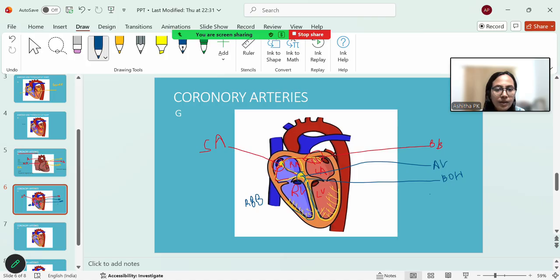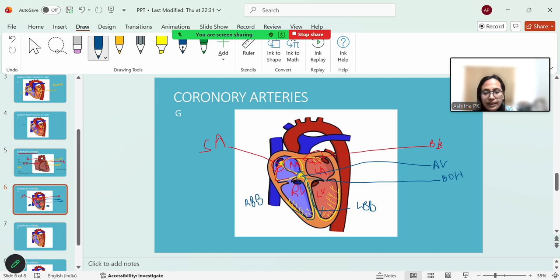From the bundle branches, the impulse passes through the Purkinje fibers, which are small structures.